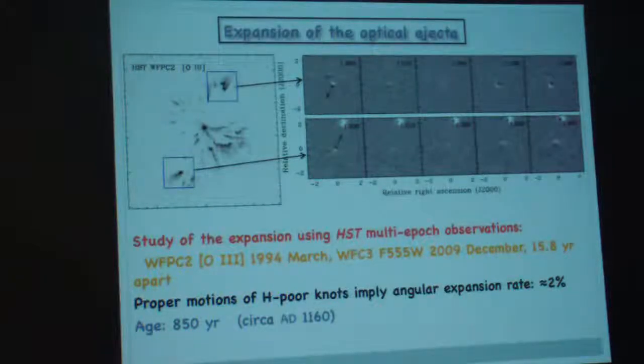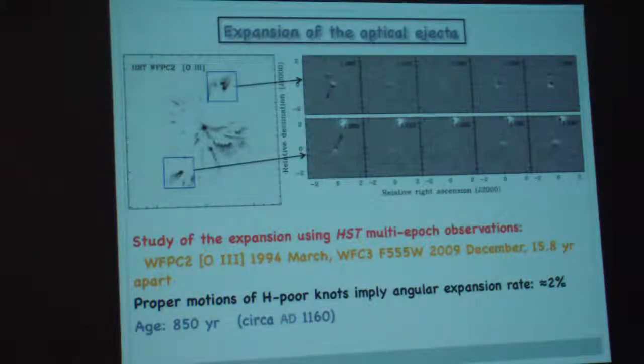Okay, so we were interested in looking at the expansion of those sources, and in 2012 we used archival HST images, and there was a previous image of them in 1994, and we also used broadband images that basically included just the emission line.